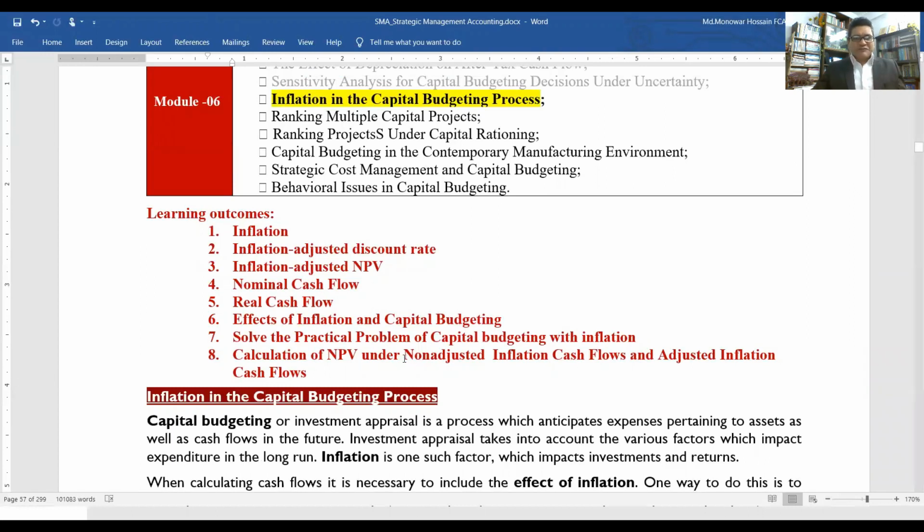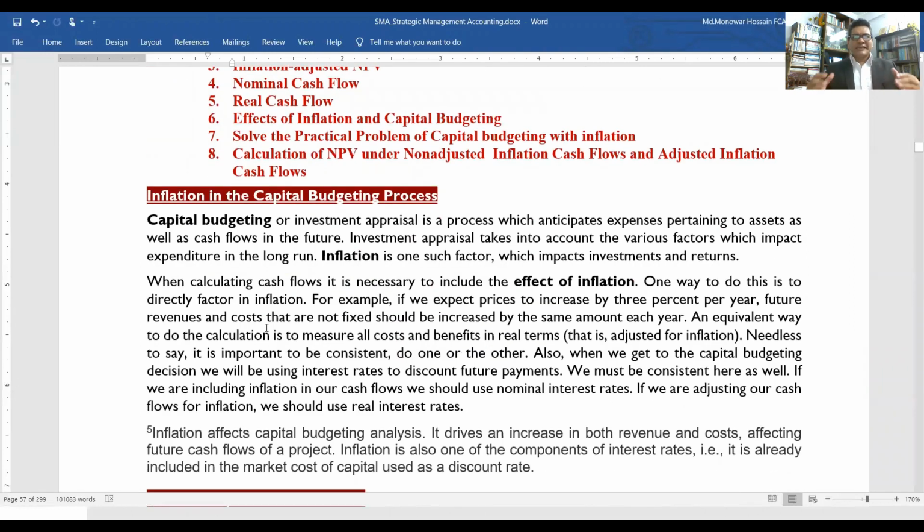So inflation in the capital budgeting process. Capital budgeting, or investment appraisal, is a process which anticipates expenses, write-off of assets, as well as cash flow in the future.